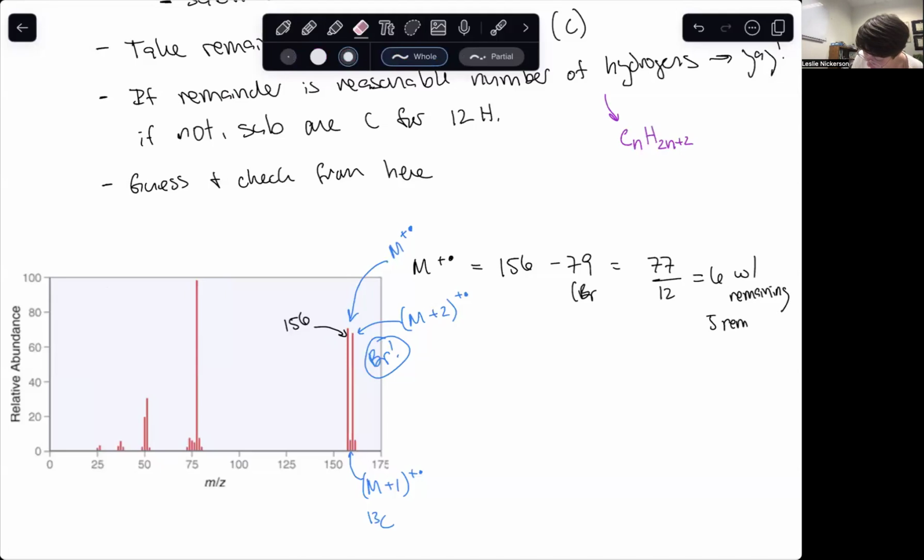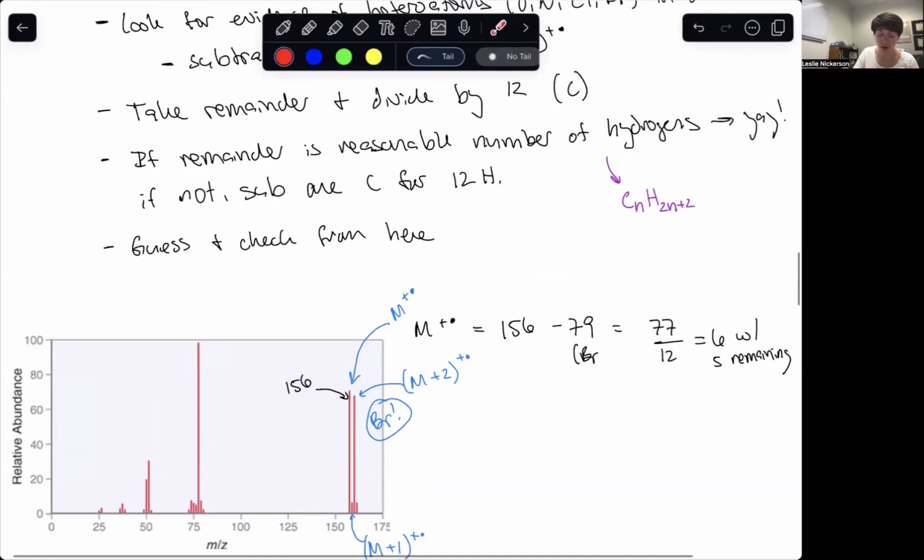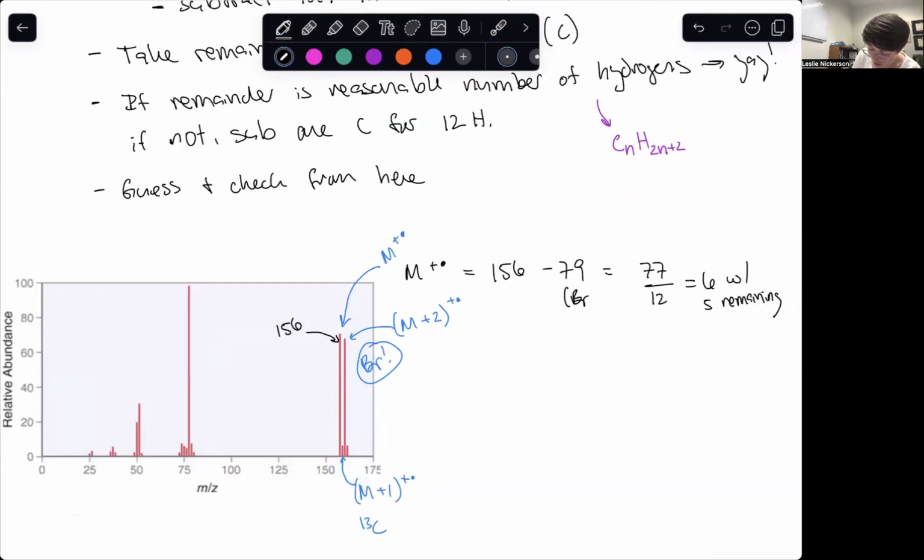Oh, I should just put it up here. So at this point, if I'm just sticking with this, I'd be looking at something that was C6H5Br.